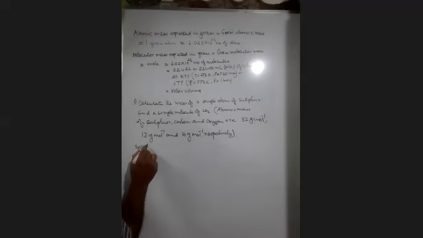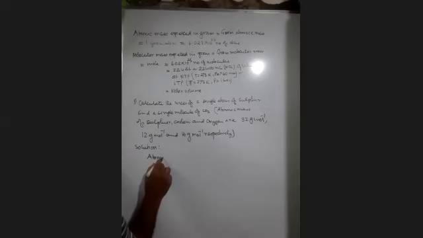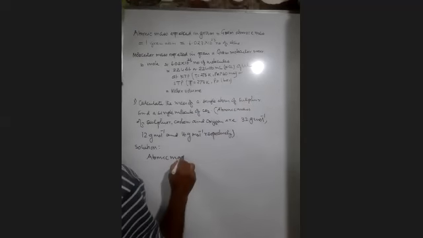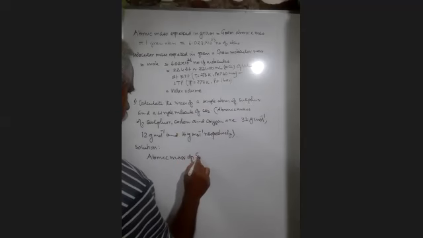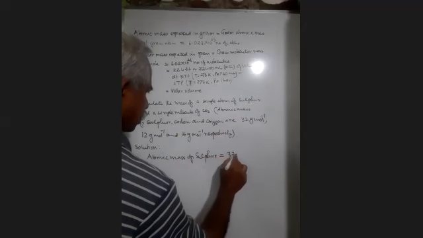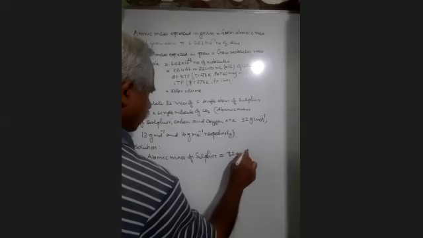Done, sir. Okay, now see here. So we'll do the solution. How will you start? See here. Atomic mass, first we'll do this one. Mass of sulfur is equal to 32 gram mole inverse. See here, the unit is mole inverse. That is, it is not the weight of one atom of sulfur. It is the weight of 1 mole of sulfur.